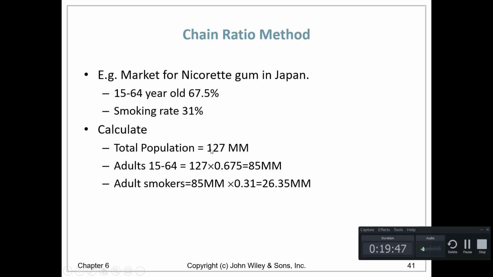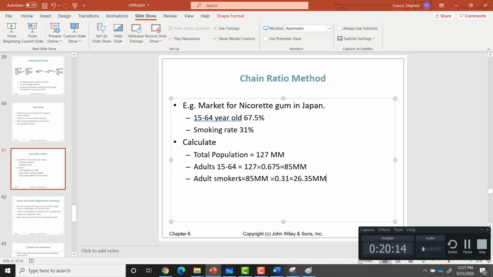We have 127 million people. We multiply it by 0.675, 67.5%. We're left with 85 million people. This is the number of adults in the Japanese population. 31% of these smoke, so multiplied by 0.31, we get just over 26 million smoking adults, and that's my potential market in Japan.